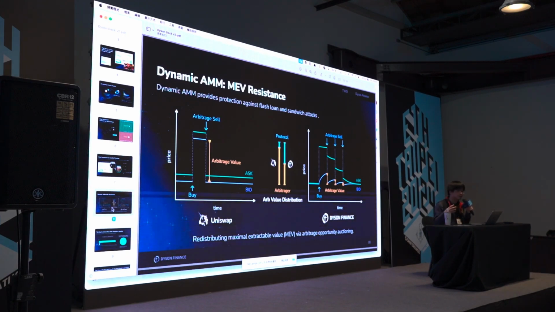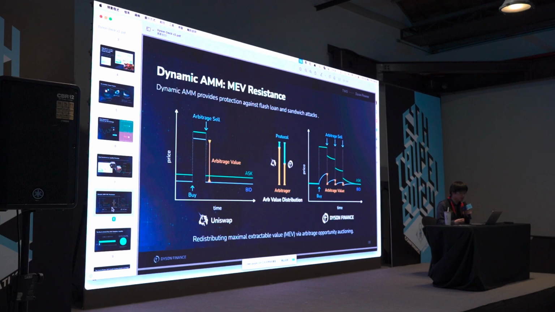But when the arbitrageur tries to sell back to make profit, he will find it difficult, because at that moment the fee is very high and very likely to absorb all of the potential profit that could be made by performing a sandwich attack. Yeah.